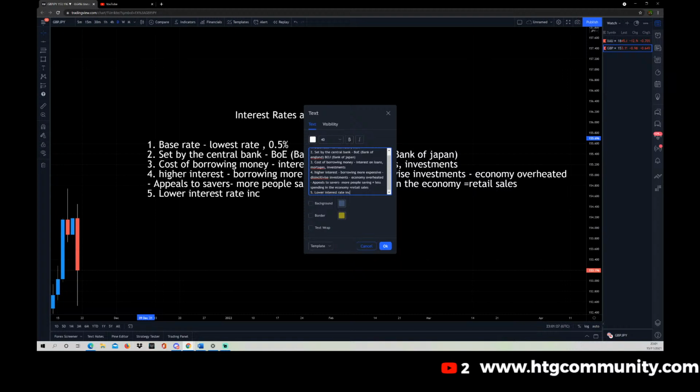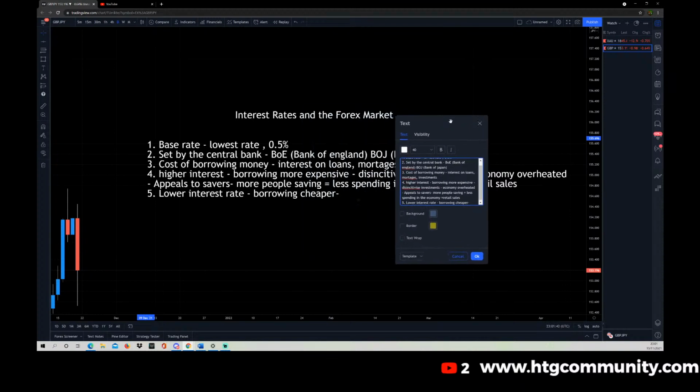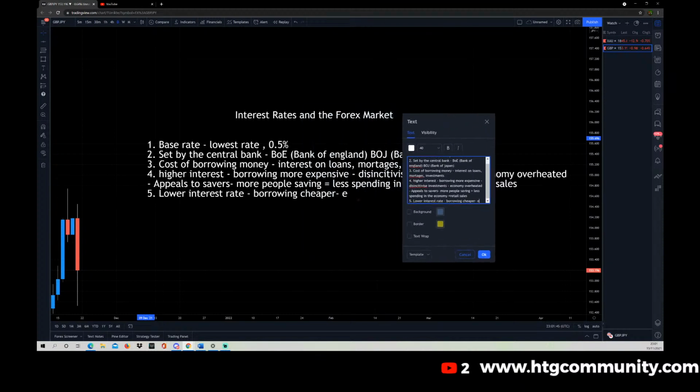That's going to increase. Lower interest rate is obviously going to make borrowing cheaper. If borrowing is cheaper, what does that mean? Well, that means that we're trying to encourage investments, right?